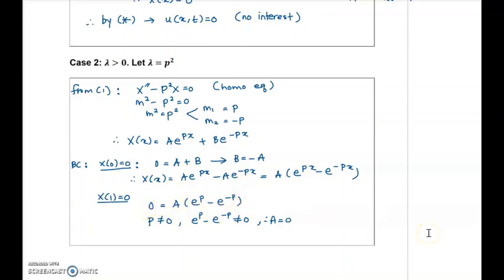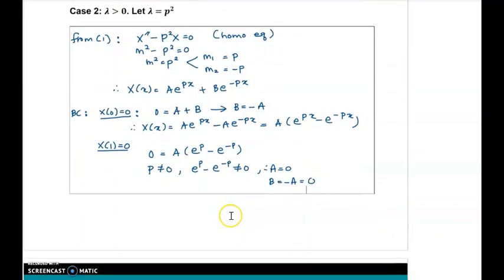So when A is 0, you can see B, which is negative A, is also going to be 0. The consequence is that the whole thing becomes 0 because of this one here. So A is 0, which implies our x is 0.